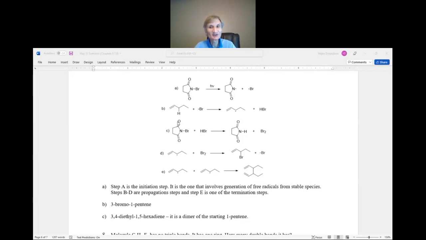Two cations, being positively charged, repel each other, so cations cannot dimerize, and anions also cannot dimerize because two anions also repel each other. Identically charged species repel each other. So only free radicals can dimerize, forming a dimer, something that has approximately twice the mass of the starting material, or twice the number of carbon atoms. That's an indication that the reaction proceeds through a free radical mechanism.